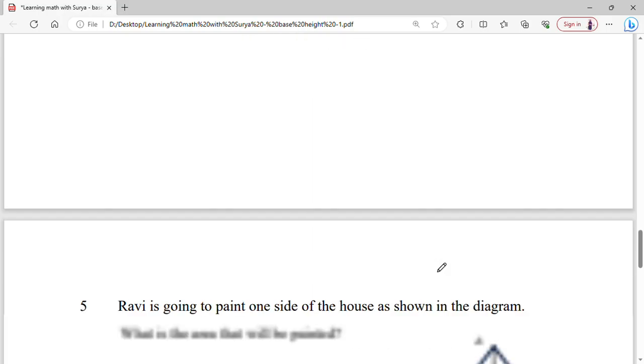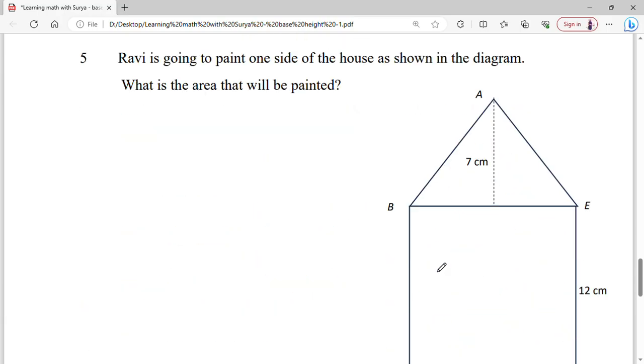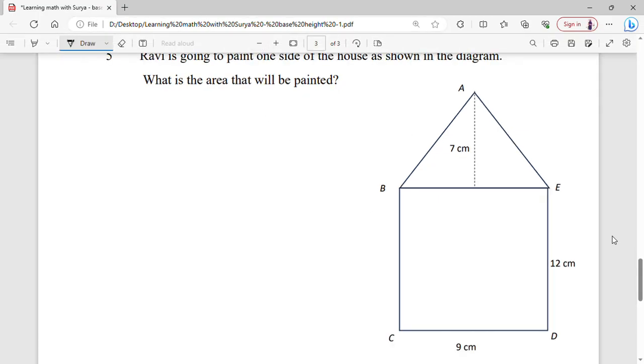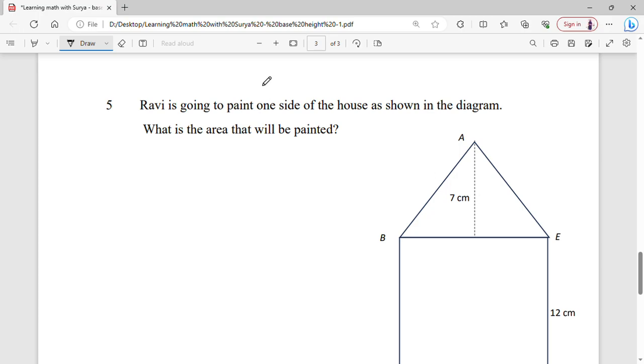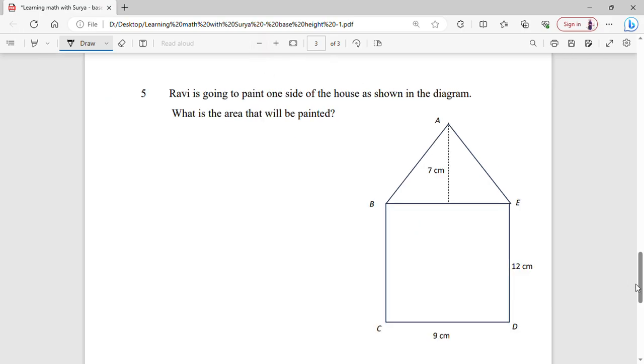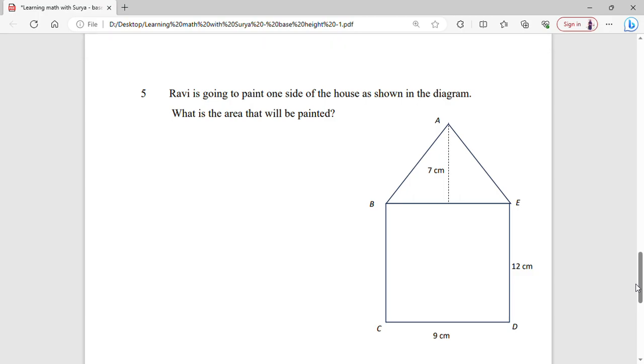Now let's go on to an application type of question. So here you will see that this is a composite figure which is having a rectangle and triangle. Ravi is going to paint one side of the house as shown in the diagram. So this diagram consists, as I said, a triangle and a rectangle.